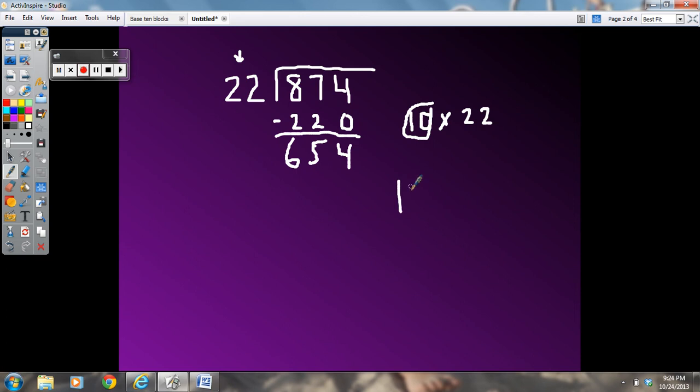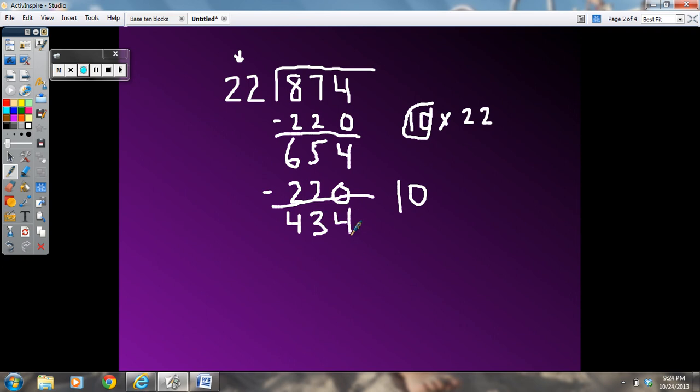I could absolutely make another 10 groups of 22. So if I take another 10 groups of 22 from the 654, I would subtract to figure out how many ones blocks I'd be left with. In this instance, I'd be left with 434 ones blocks.